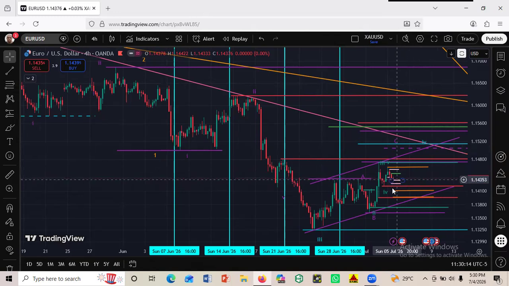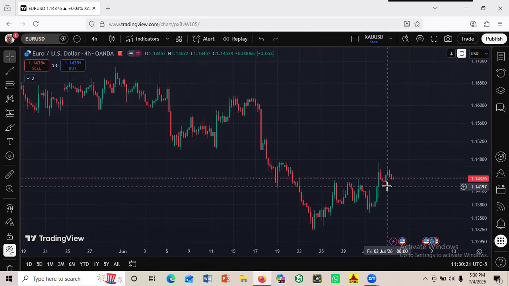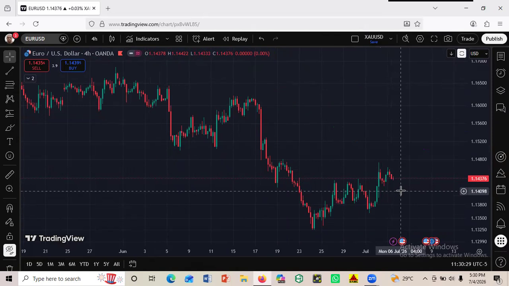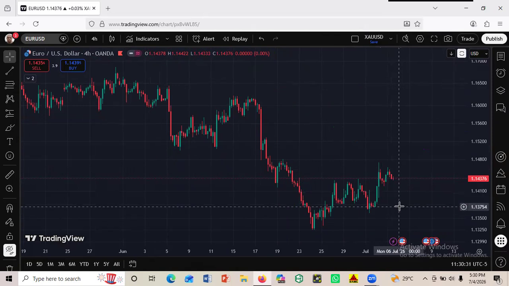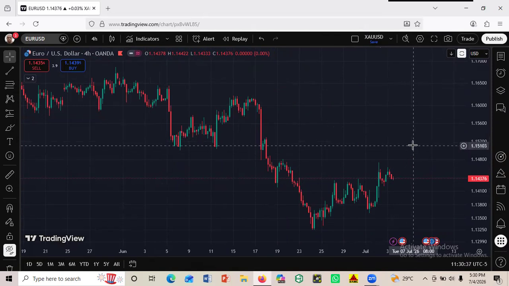So for now, with what is building here in this area, we might still have a much deeper correction to the downside. If that happens, this might be an A, B, and C leg to give an extended flat. Without breaking this area, price will push up to the upside between that area I just gave.